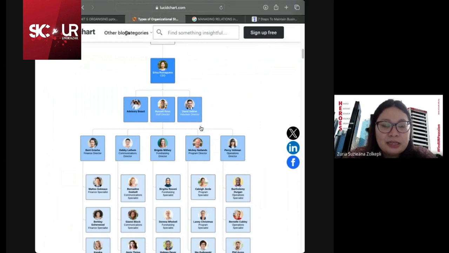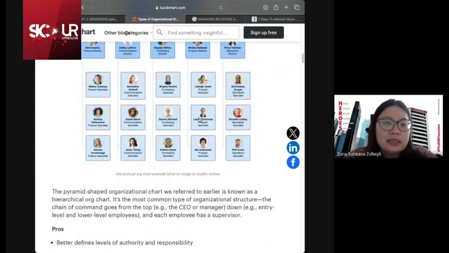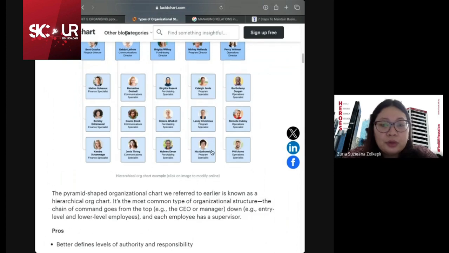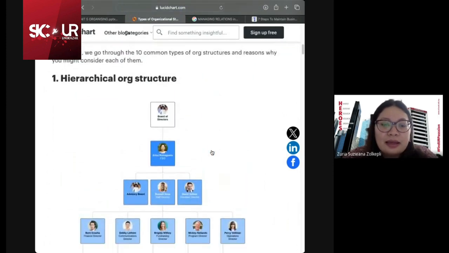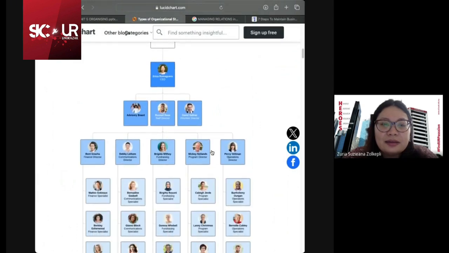For example, here, staff director. We know that this is related to human capital, HR. Then we do have a volunteer director here. Maybe this company is, I'm not saying it's a charity, but they have a business function like a volunteer department over here.